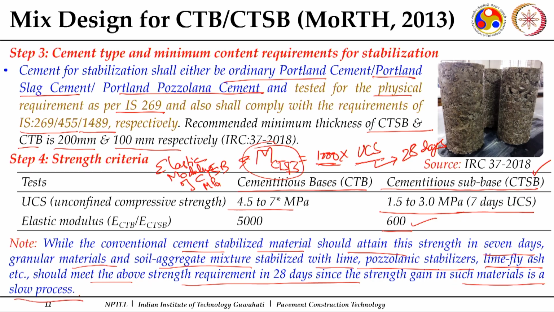That is why you need to check the 28 day strength when using lime, fly ash or other pozzolanic materials, because the rate of gain of strength may be slow.